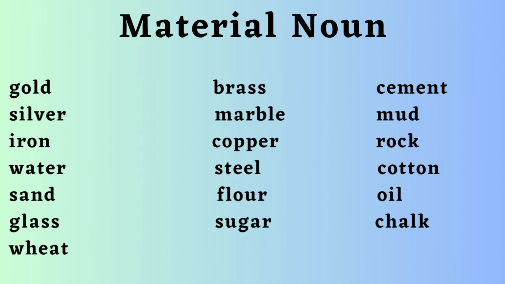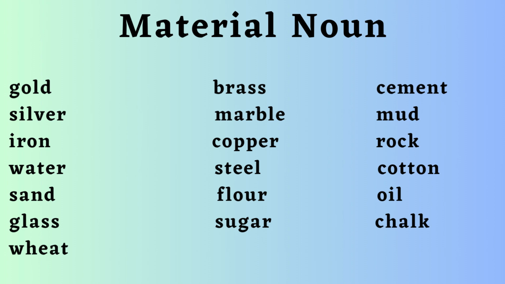Next comes plastic. Plastic is a synthetic material derived from polymers. It is used in the production of numerous products, including containers, packaging, toys, and electronics. Finally, we have gold. Gold is a precious metal that is highly valued for its beauty and rarity.